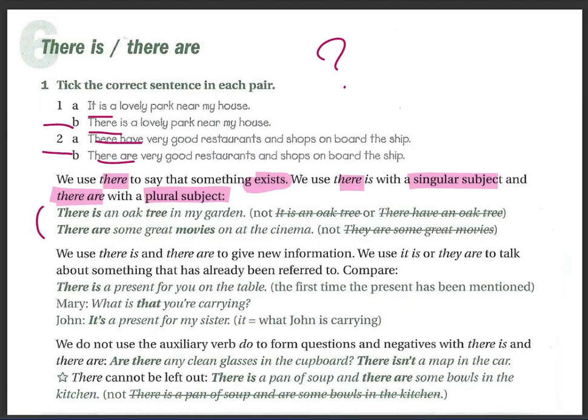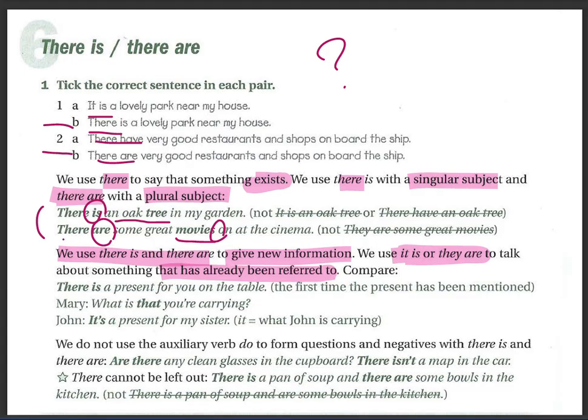Look at the examples. There's an oak tree in the garden, yes? So it's one tree, so we use is. There are some great movies on at the cinema. There are. And it's movies, yes, it's plural. Here, we use there is and there are to give new information. We use it is or they are to talk about something that has already been referred to.